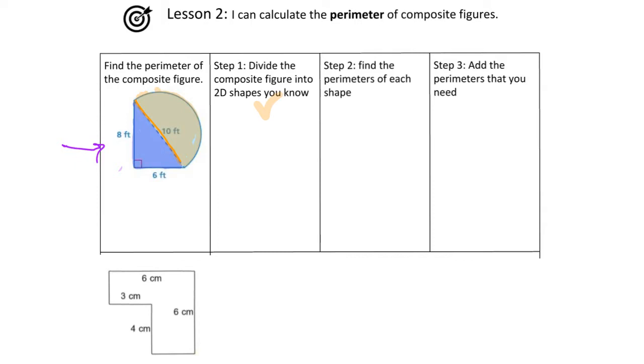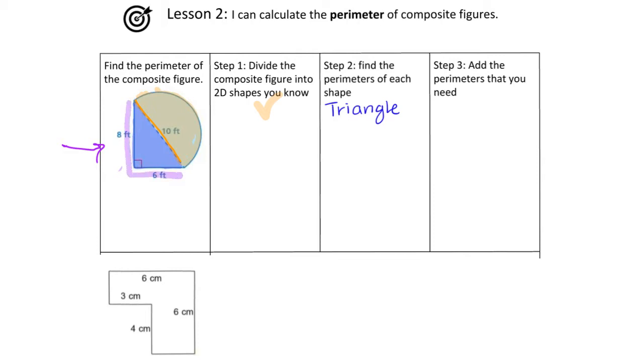Then step 2, I'm going to find the perimeters of each shape. So let's start with the triangle. I'll write that slow. Okay, so I'm going to outline in purple the perimeter of this shape.